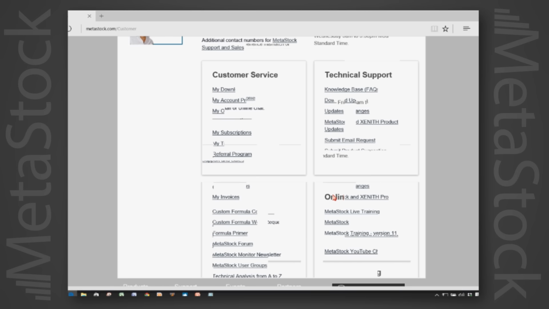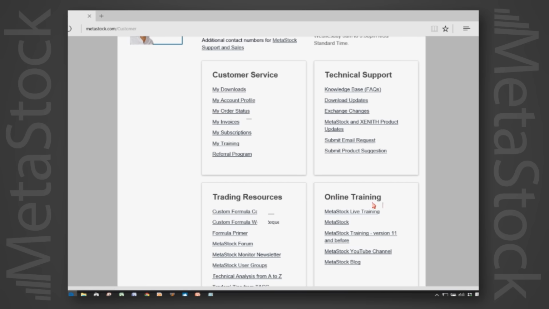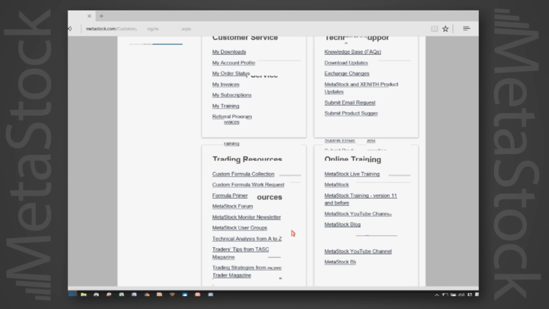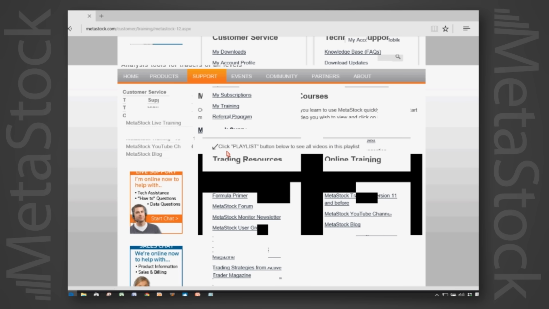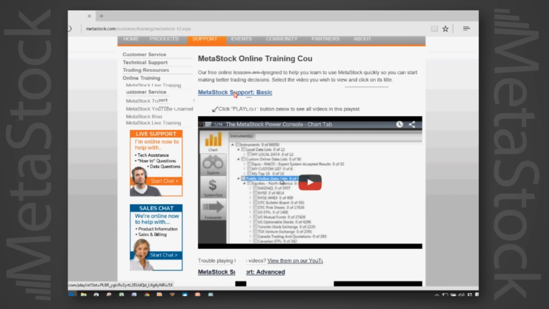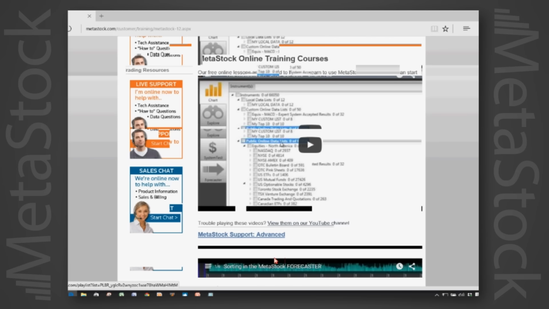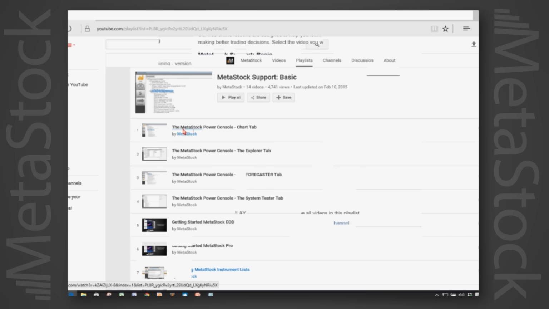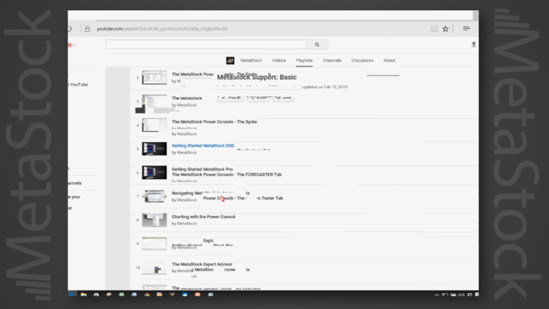What I would recommend to get started is right here where it says online training. You're going to see MetaStock. Just go ahead and click on that. There are a couple of things you can go through. Here's our support basic list, here's our advanced list. What I actually recommend is clicking on view them on our YouTube channel. It will open up and you can see all the lessons. There's the Power Console, the Explorer, which is the one you would go through to learn how to run a scan real quick, and the system tester.